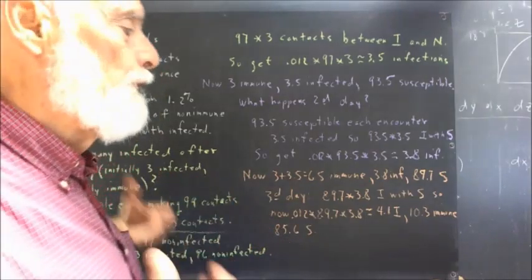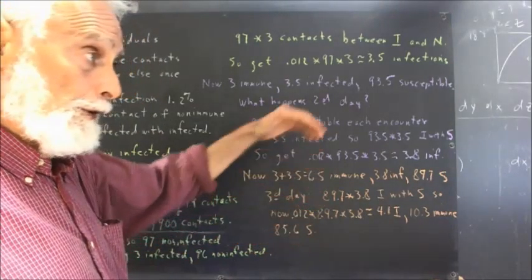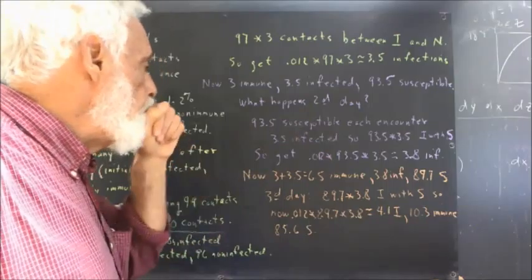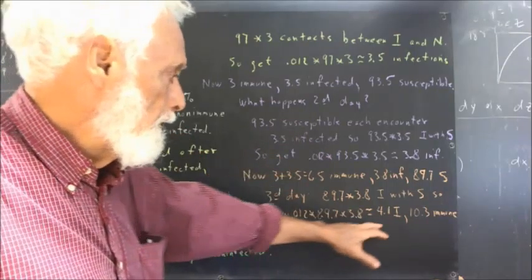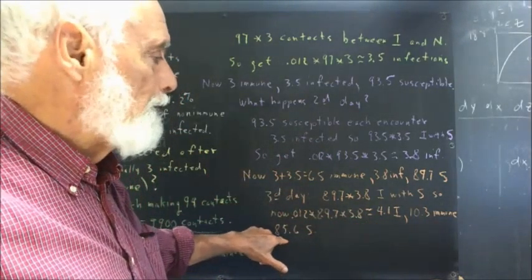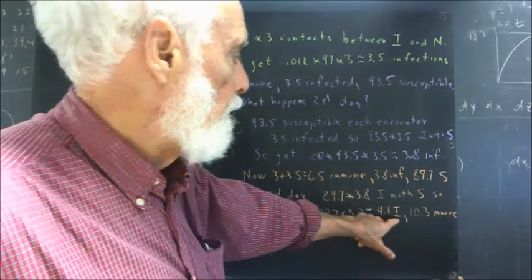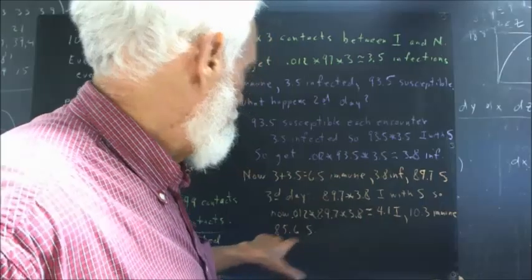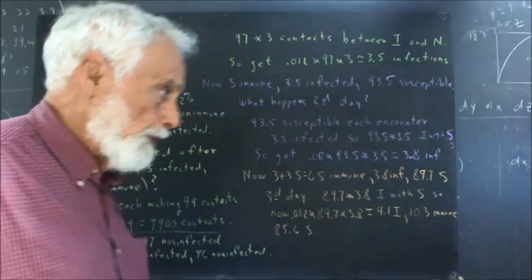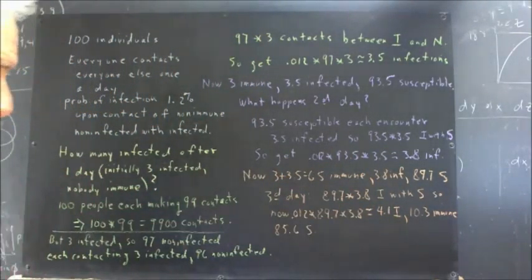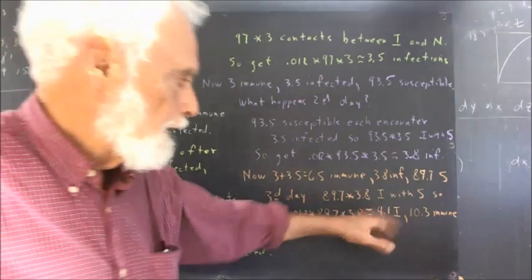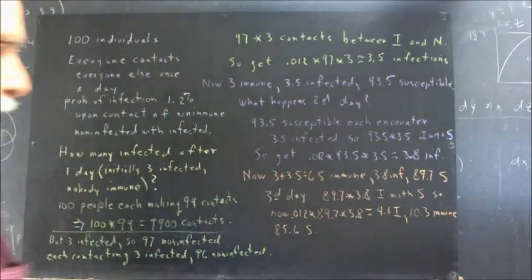Well, it can't continue increasing very long because there are only 85 susceptible people left. If we keep getting 4 or more infected people, well, 85 divided by 4 is about 21. It can't go on more than about 21 days, and if the number of infected keeps increasing, it'll be less than that.